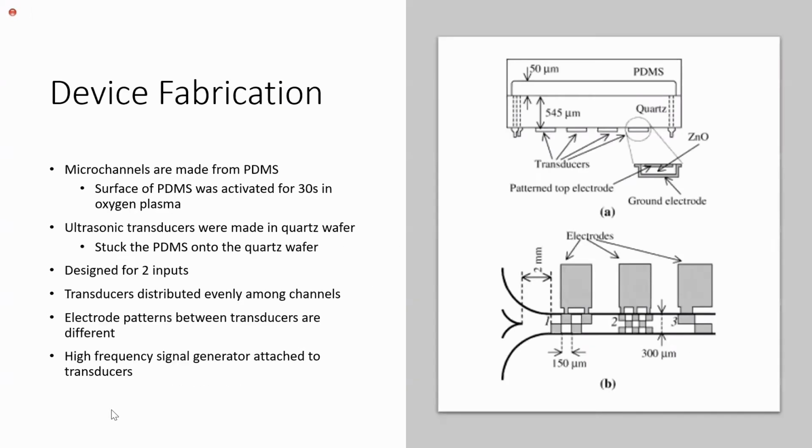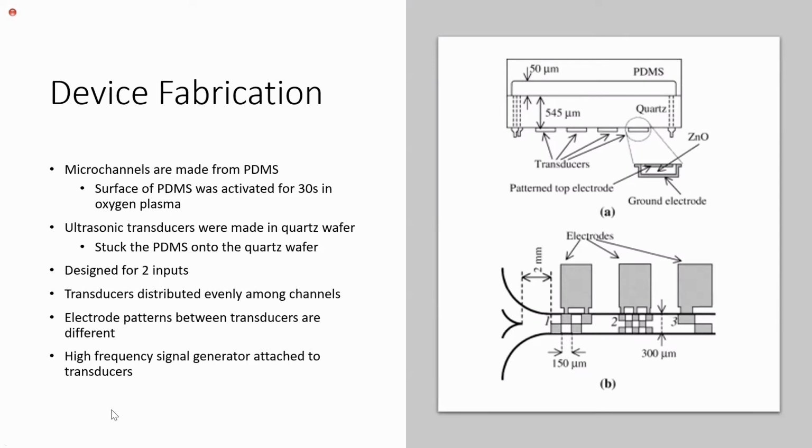Now the apparatus of how this experiment is made: you can see my mouse, this little 50 micrometer thing right here, that's the channel, and it's made out of PDMS.